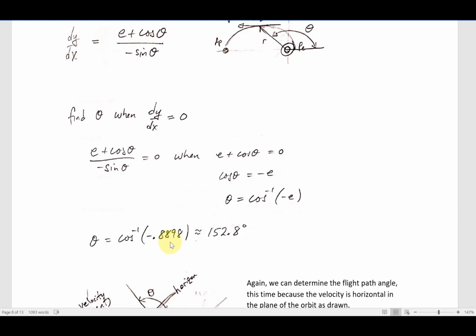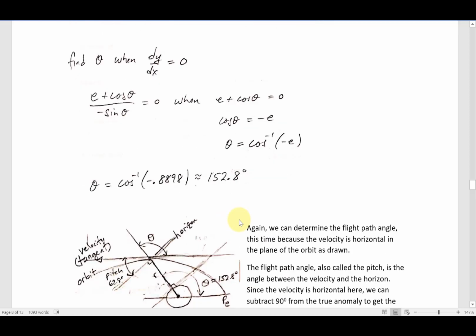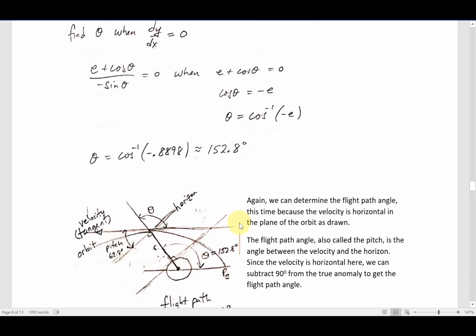Using that value for the eccentricity, I'm getting about 152.8 degrees. The actual path I'm flying in the game wasn't precisely 0.8898, so I won't expect exactly 152.8 as the true anomaly when this happens, but something around 152 or 153 degrees.